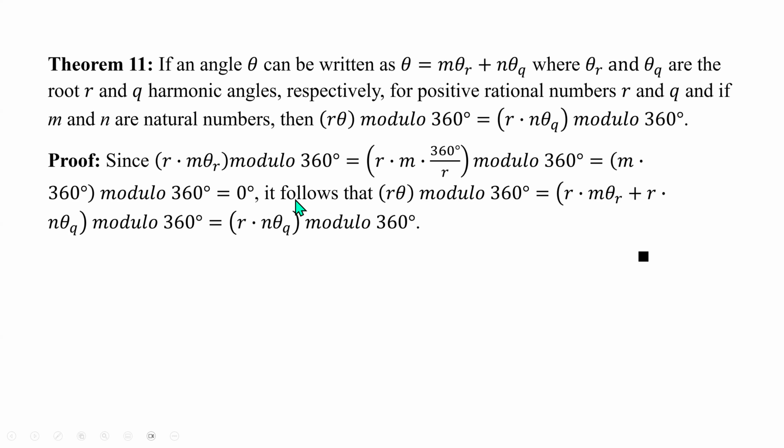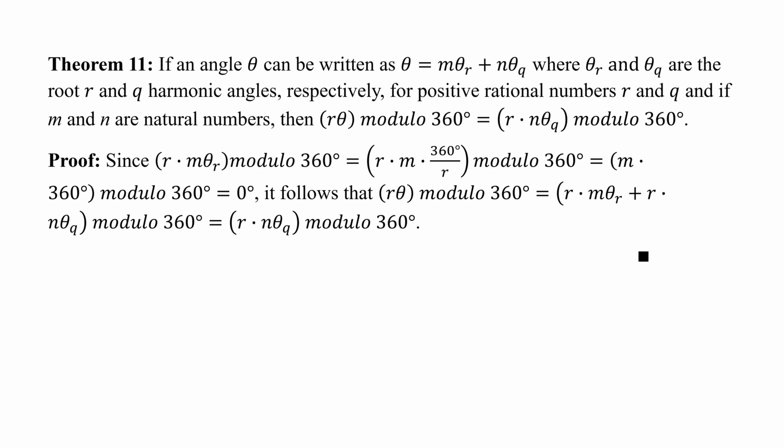And from all that, it follows that r times theta modulo 360 degrees is equal to r times the first term up here plus r times the second term up here, modulo 360 degrees. And we just saw that r times this first term is going to wind up being a multiple of 360 degrees.